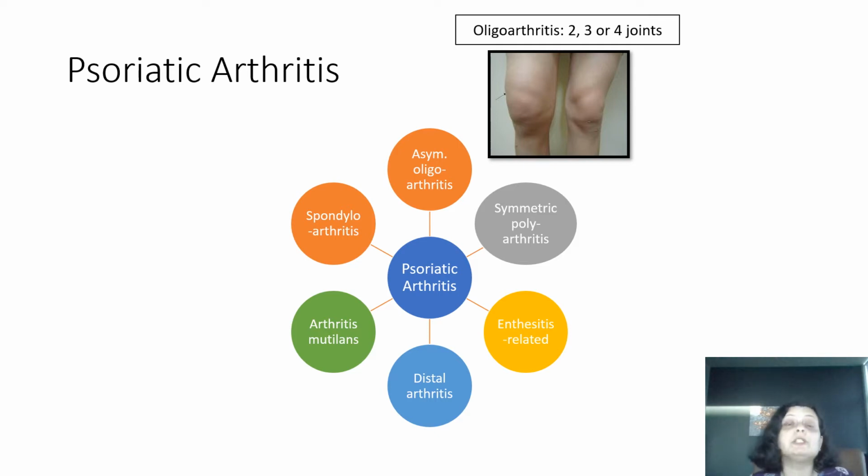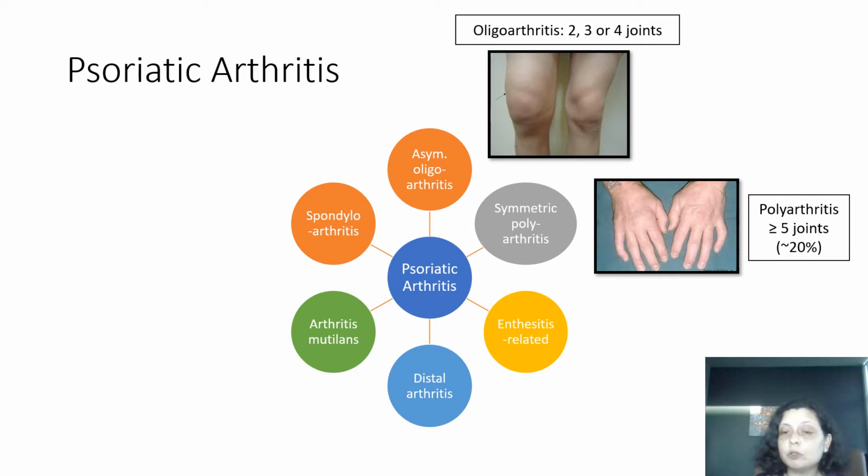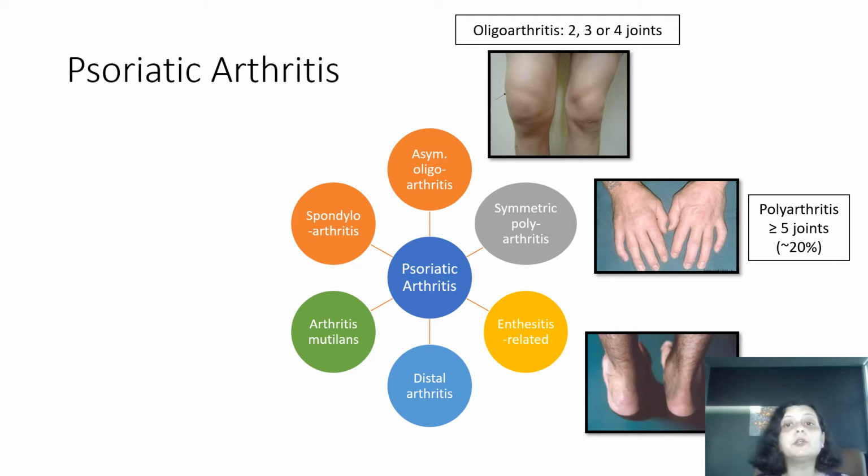So one of the ways psoriatic arthritis could present is as asymmetric oligoarthritis. Another way, it could present like rheumatoid arthritis, polyarthritis and symmetrical. It could be purely enthesitis related.